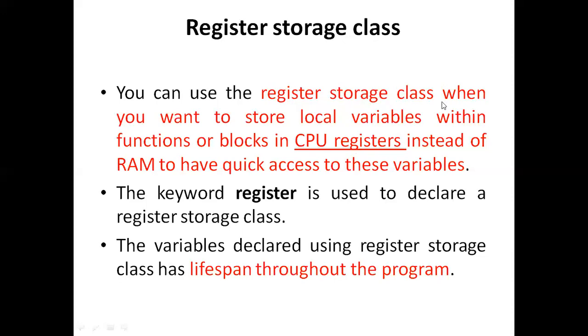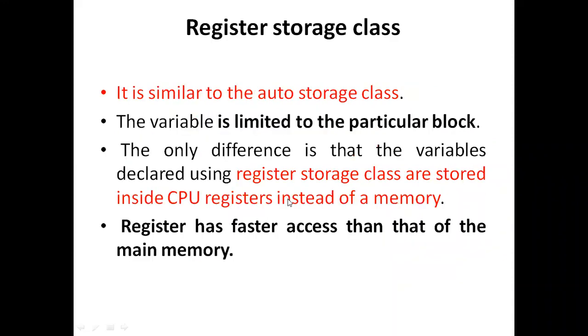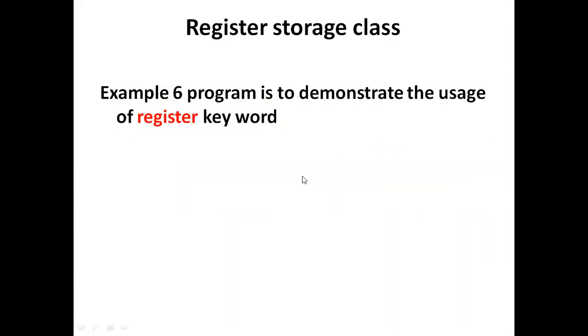With the register storage class, when you want to store local variables within functions or blocks in CPU registers instead of RAM, we use it. Now we are going to see where these values are stored.